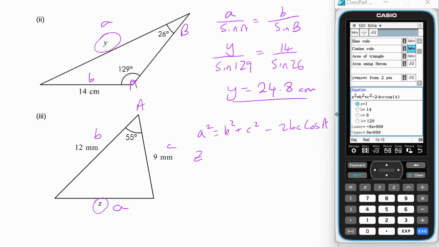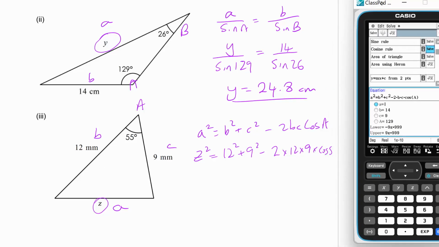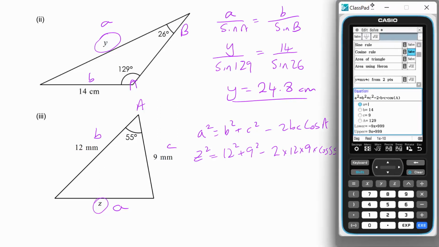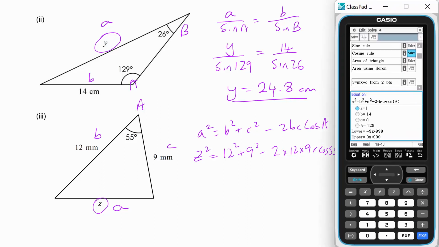And that means our Z squared is going to be 12 squared plus 9 squared minus 2 times 12 times 9 times cos 55. Okay, and so we can put those things in here.